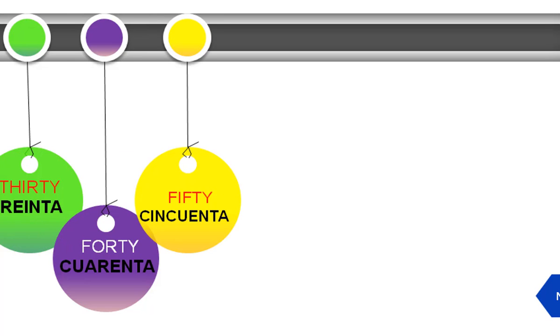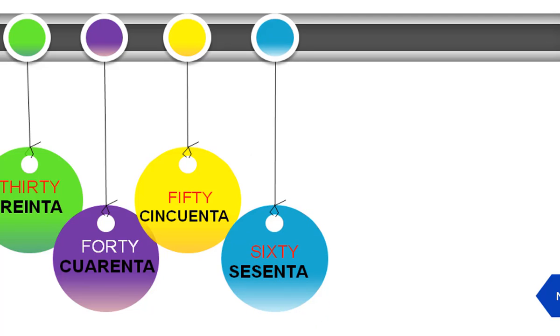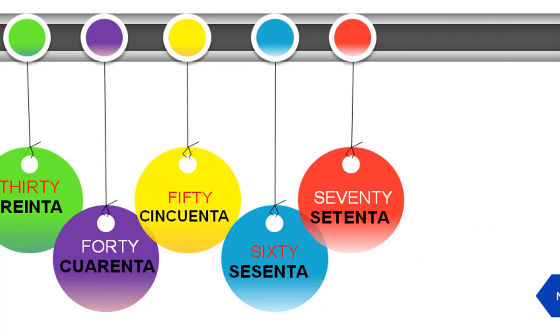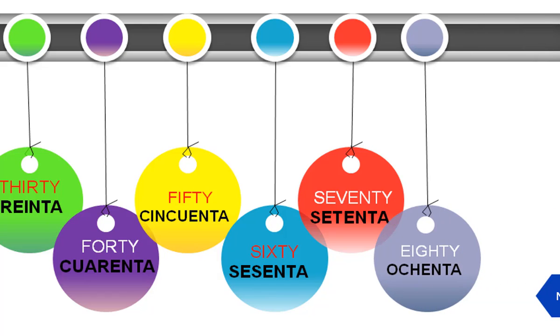50 is cincuenta. 51 to 59, same rule, no difference. 60 is sesenta. 61 to 69 goes by the same rule. 67 is sesenta y siete. 70 is setenta. So if you want to say 75, setenta y cinco. 80 is ochenta.